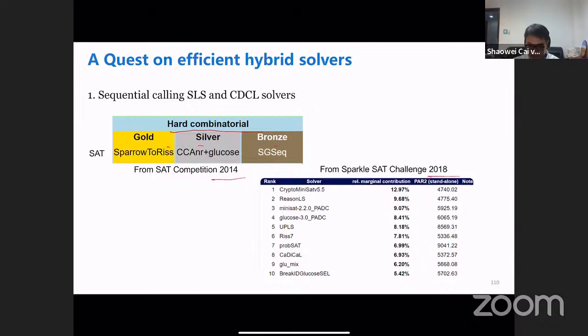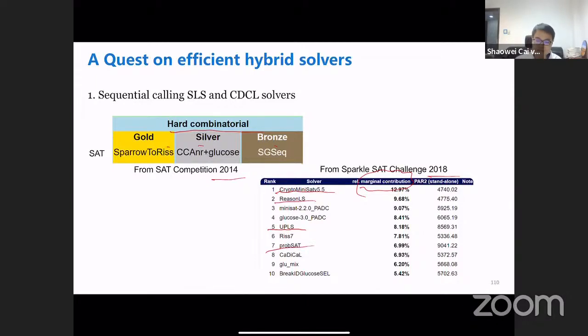Here they count the marginal contribution, which measures the number of instances a solver contributes to the benchmark that it can solve. If a solver can solve more instances that other solvers cannot solve, it ranks higher. Here the first one is a CDCL solver, the second one is a hybrid, the fifth is a local search, and the seventh is also a local search.